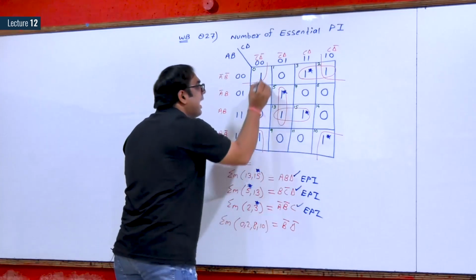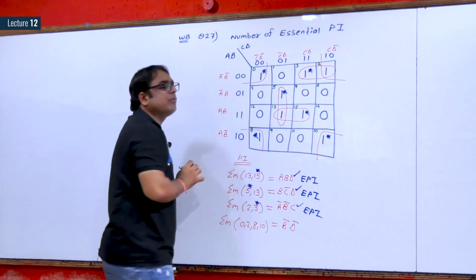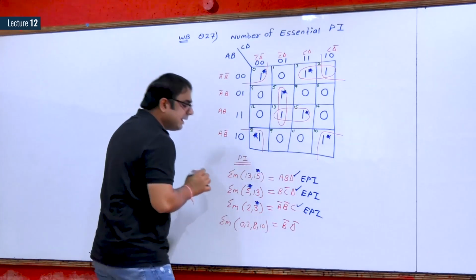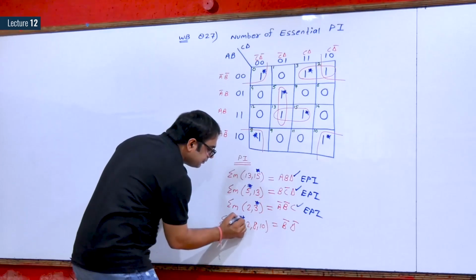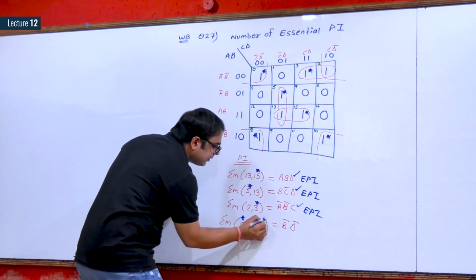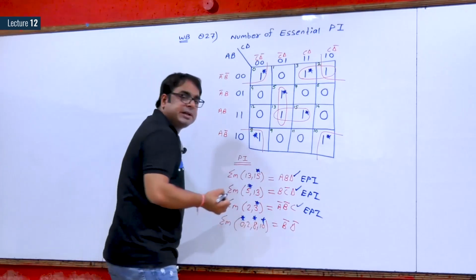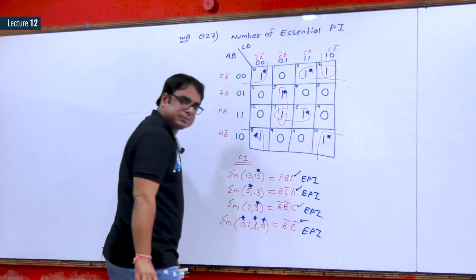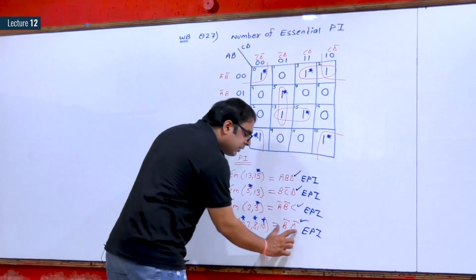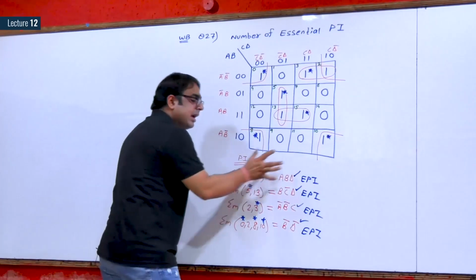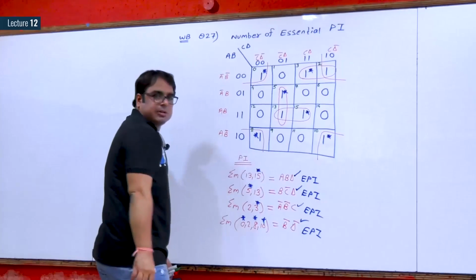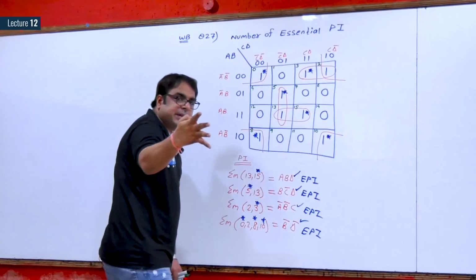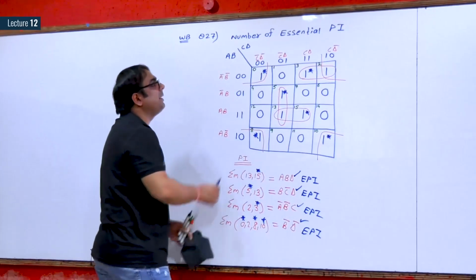Because of these three minterms, this is again an essential prime implicant. So these four are prime implicants and all of them are essential. We have 4 prime implicants and 4 essential prime implicants.